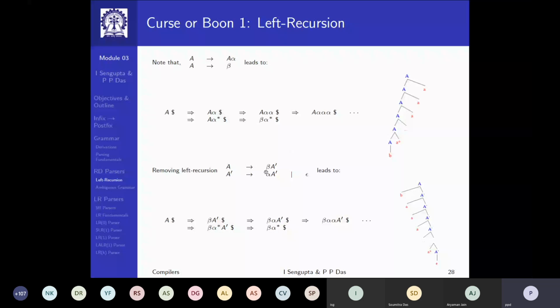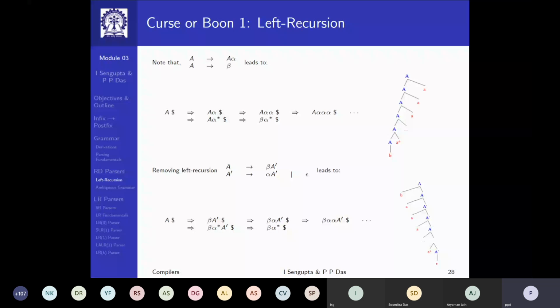After having consumed the whole of beta, you will call A prime. And in A prime, every time before you go into the recursion, you will have at least one symbol of alpha to consume. So every time you recur, your input becomes shorter. Since your input is finite, your recurrence will also have to be finite. And that solves the problem.